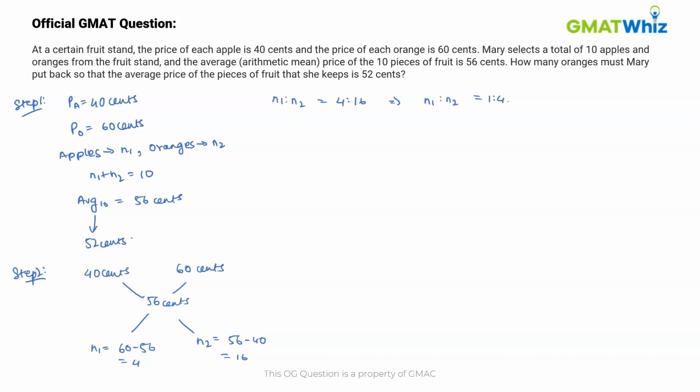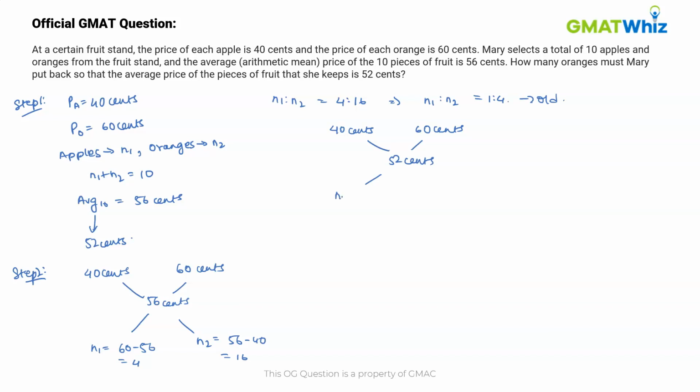Now, this is the old ratio of the number of apples and oranges that Mary bought. Now, since the average price reduces, we use the method of alligation again with the reduced average. So, 40 cents for the price of each apple and 60 cents for the price of each orange, and the new mean is 52 cents.